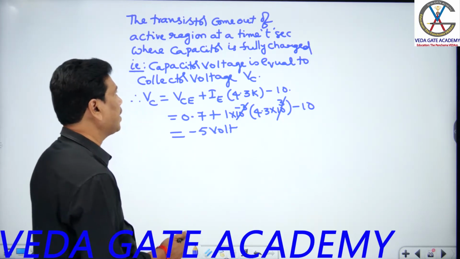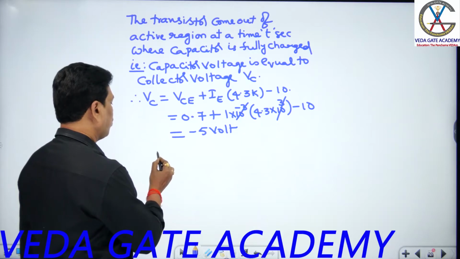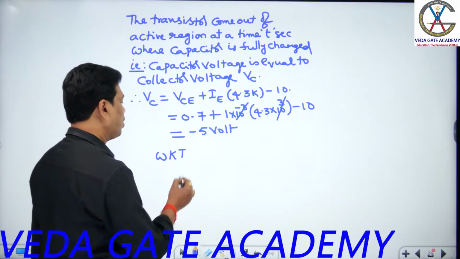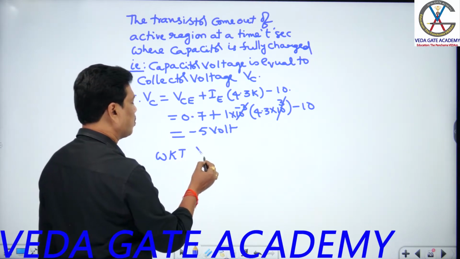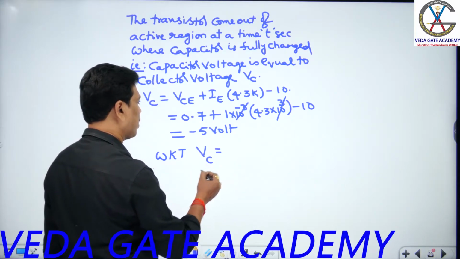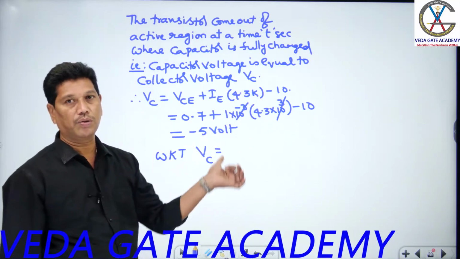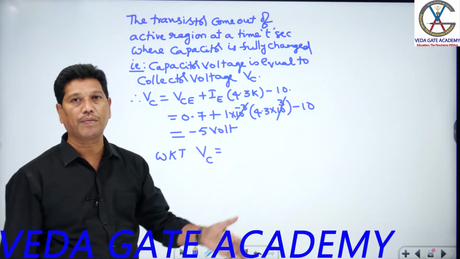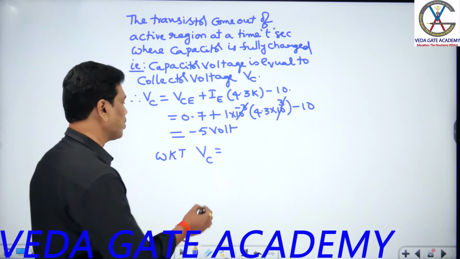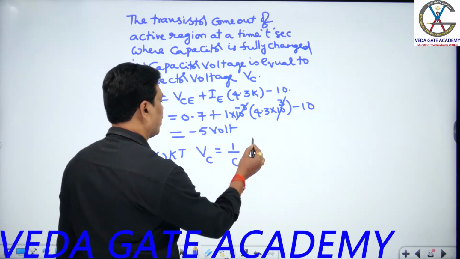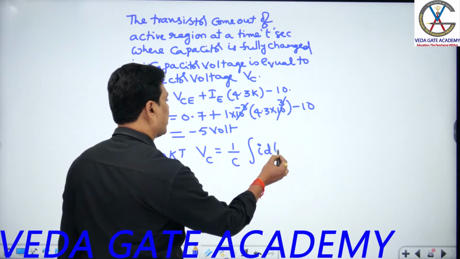Now I need the time. We know the capacitor voltage in terms of current through the integral relation. The capacitor voltage equals the collector voltage. So what is the formula for capacitor voltage in terms of current? It is 1 by C integral of I dt.